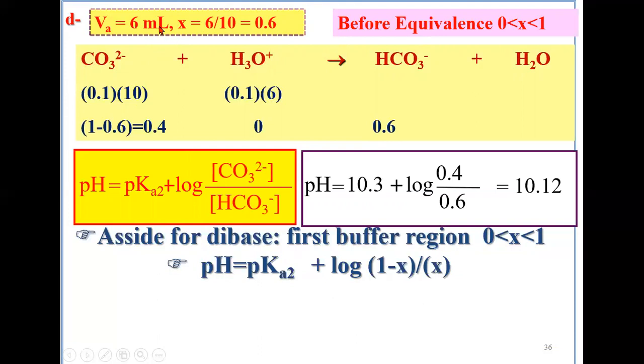Before equivalence, I have this equation as my governing equation. Carbonate plus H3O plus becomes hydrogen carbonate plus water. Carbonate, my CbVb, and CbV.